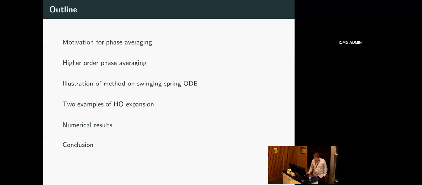We will see that at some point we have to select a model, because now that we have this general equation, this higher order phase averaging, we need to select a model before I can explain more. This is why the selection of the model comes quite early in the talk. Then I will explain on 2 examples, which you already remember, the monomial expansion and the exponential expansion. And then I show some numerical results.